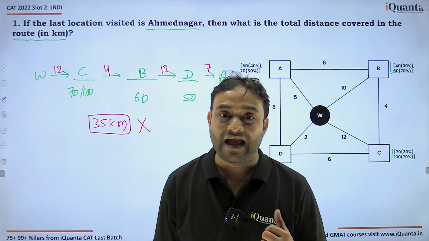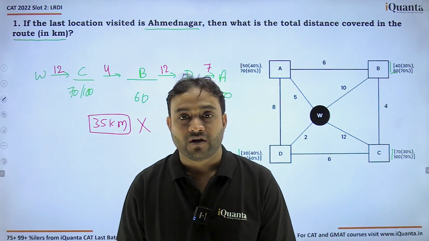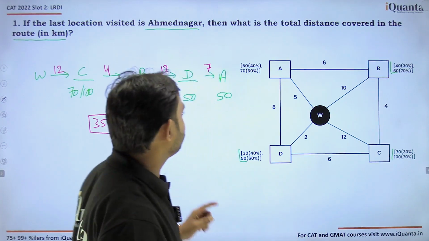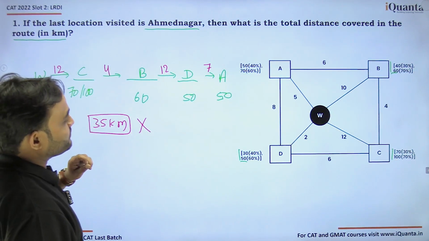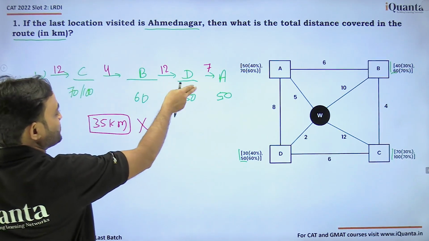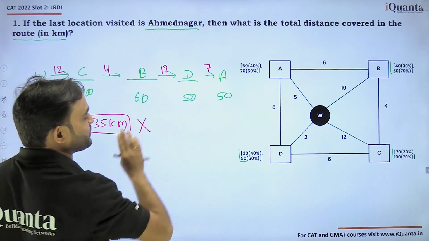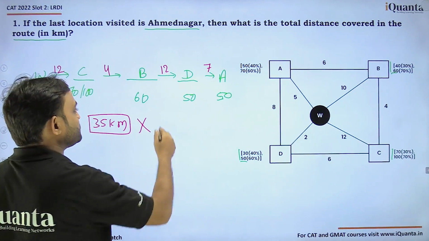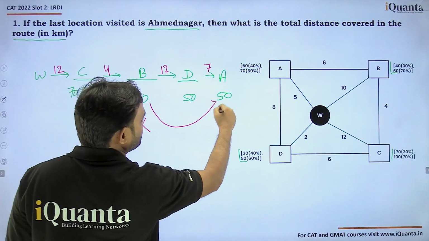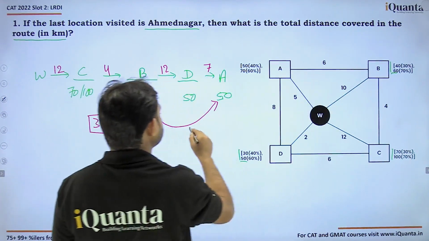This is the answer that CAT has given while evaluation, okay, but this is wrong because if you check, we know that if demands are same, from B to D, demand is 50, from D to A, demand is 50. But if you check, from B to D, the distance is 12, and from B to A distance is 6.